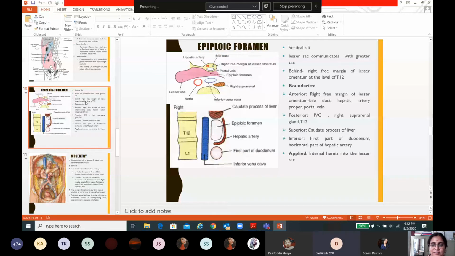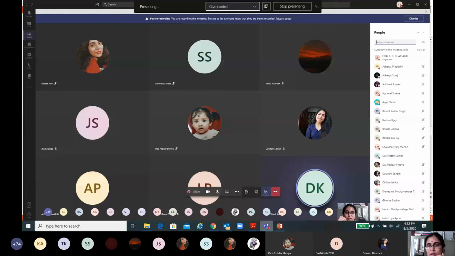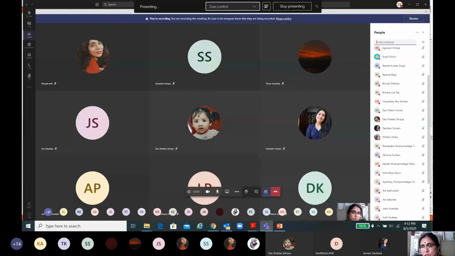Inferior vena cava. Okay, which vertebra? T12, L1, L2, L3? T12 vertebra. Right. Very good. And the suprarenal gland. Yes. Very good.